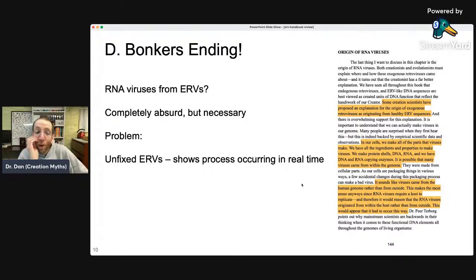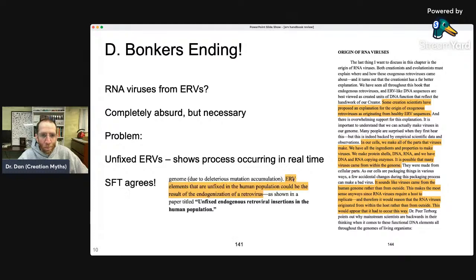So a couple of problems here. As I mentioned earlier, there are herbs that are not fixed, not just in humans, but in other things. So you can actually show the process of integration occurring in real time. And SFT actually agrees that we can see this process happening in real time. So he says, herb elements that are unfixed in the human population could be the result of the endogenization of a retrovirus.